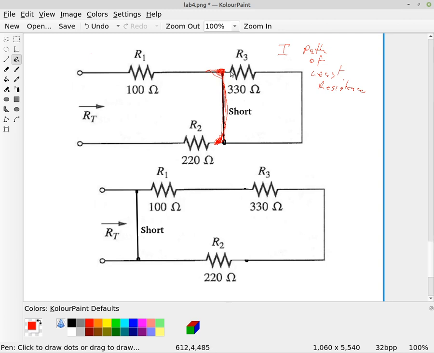So what that means is that the current is going to say, you're too much work, R3, I'm not going through you. And so what it's going to do then is the current is simply going to run through R1, through this short, through R2, and then back in.